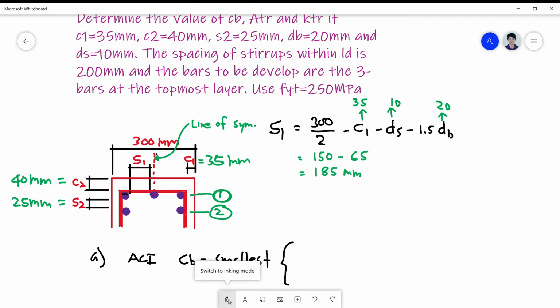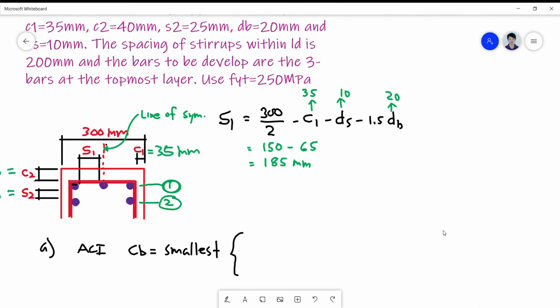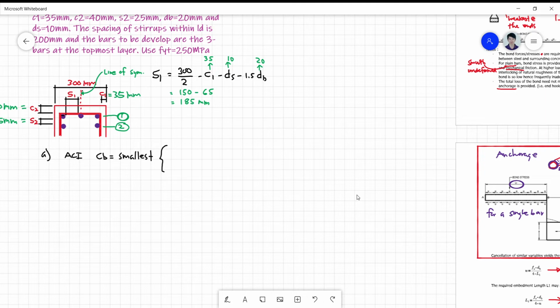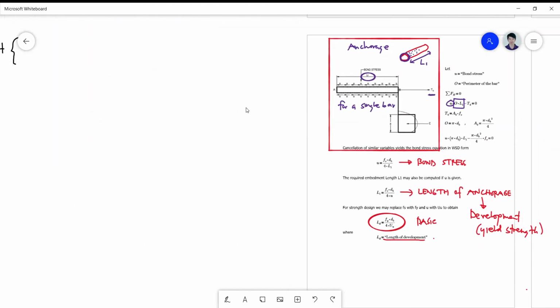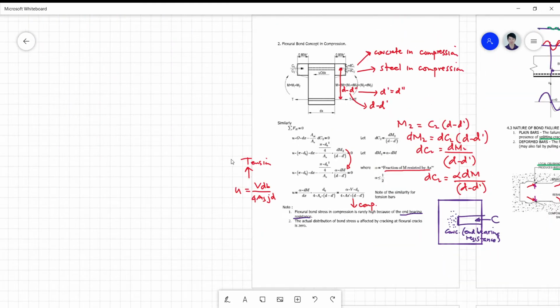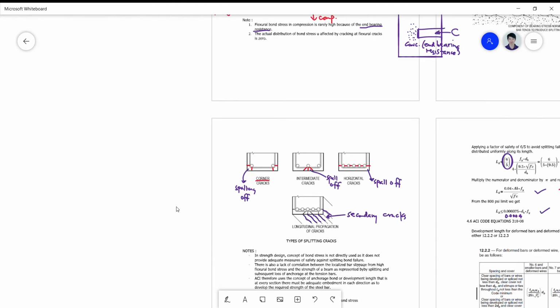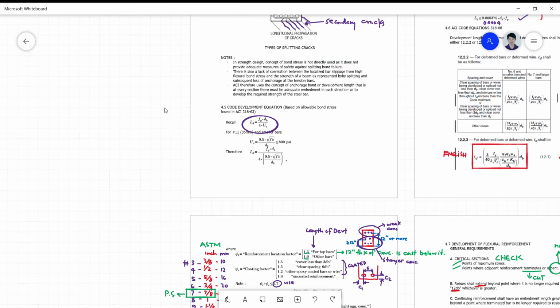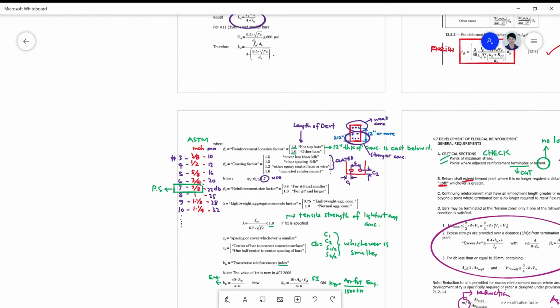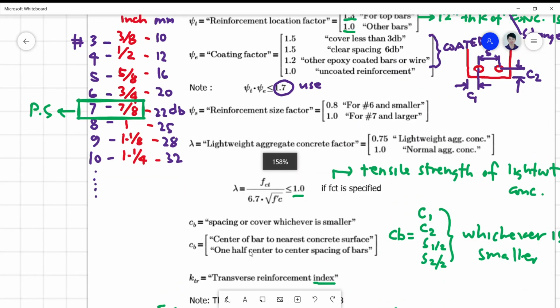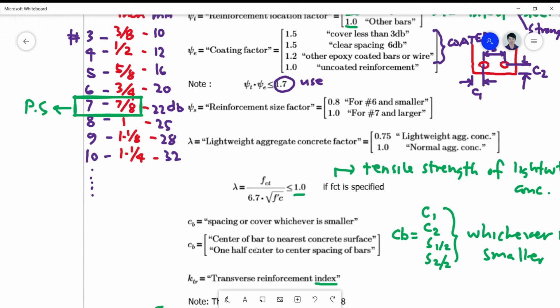Okay, so we can take a look at the lecture for your reference. Okay, so this is the center of the bar to the nearest concrete surface, and 1/2 center to center spacing of the bar.